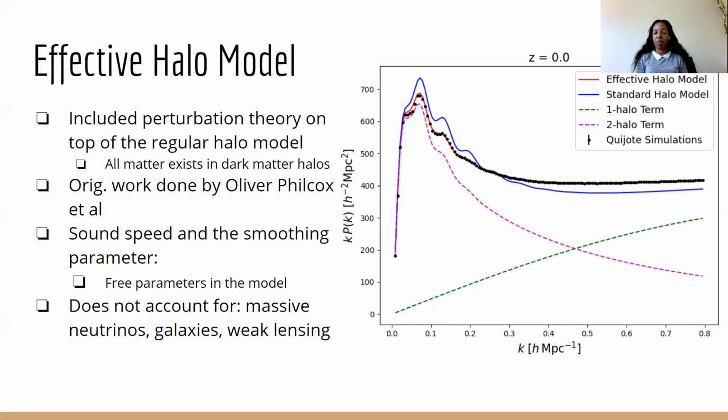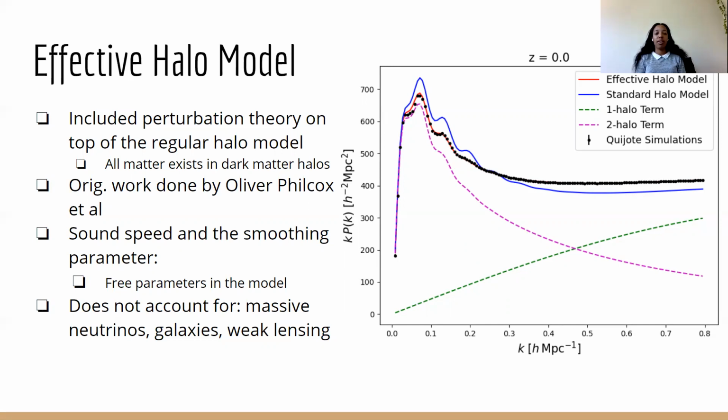And the smoothing parameter, namely, is used on nonlinear overdensity, whereas the previous models are on linear overdensity. And so basically a key difference between the effective halo model and older models is that the effective halo model includes nonlinearity, whereas the previous models only deal with linear parts of the power spectra, which leads to them being inaccurate.